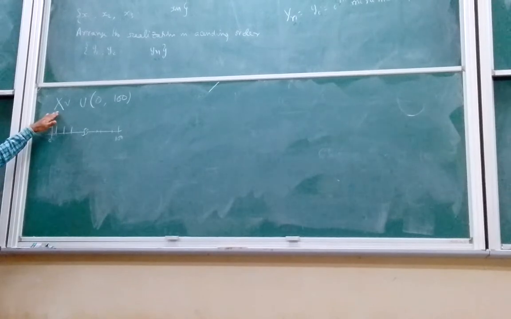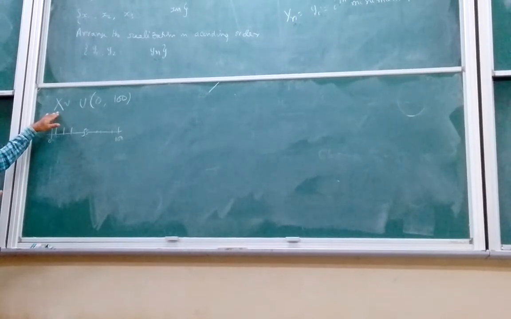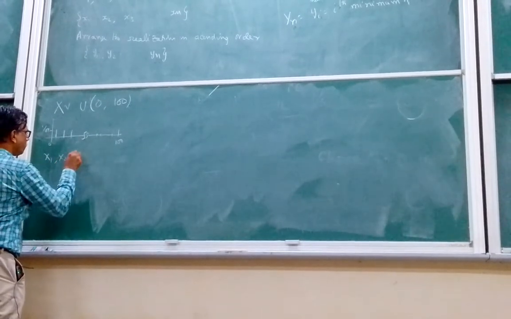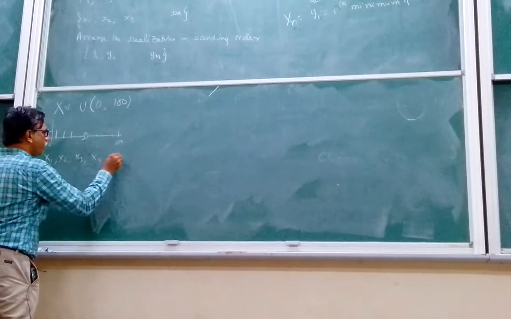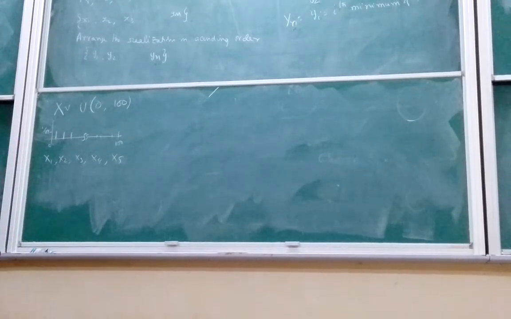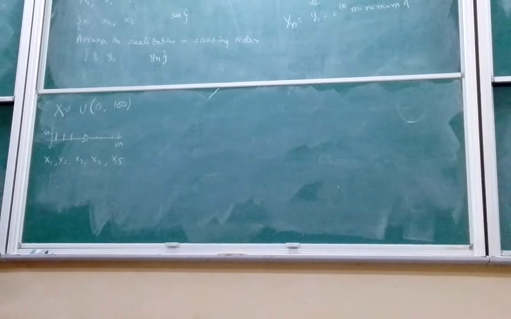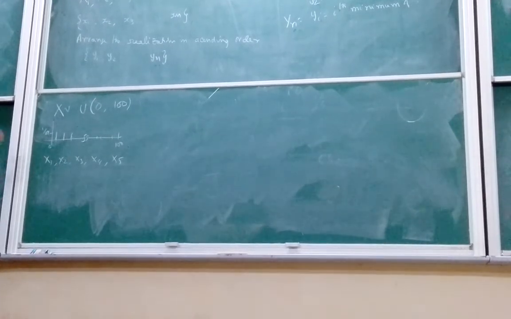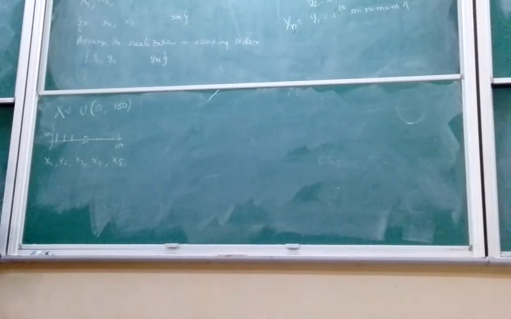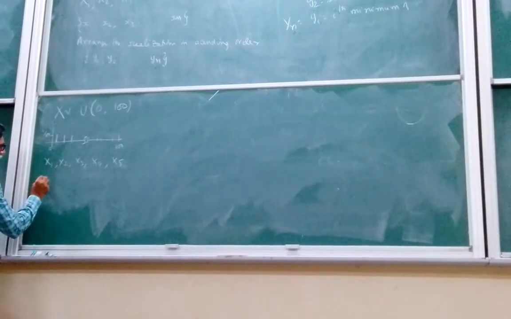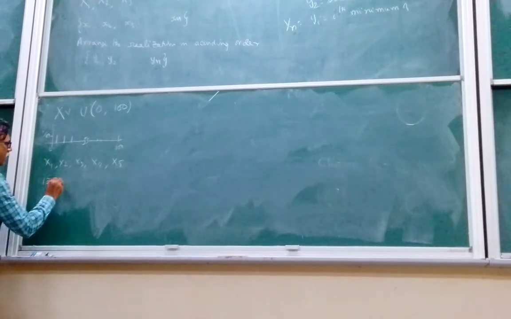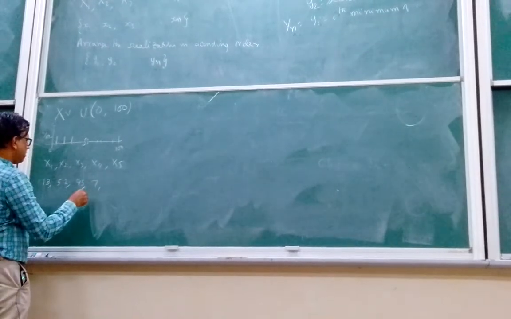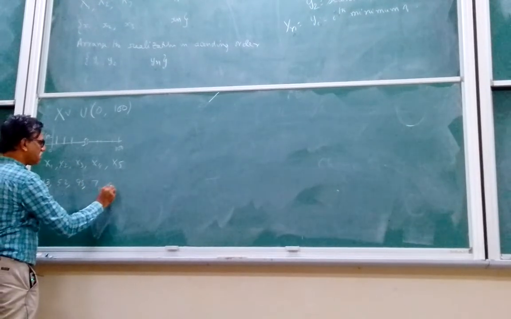Their common PMF is what I have given. So x1, x2, and so on; let us take 5 of them. Then we will consider a realization, one such experiment that leads to 5 realizations of these random variables. The possible numbers can be, for example, 13 here, then 52, 93, then 7, and then let us say 65.